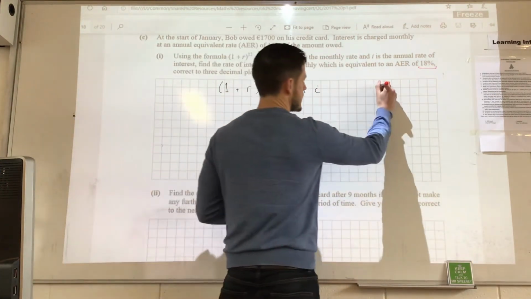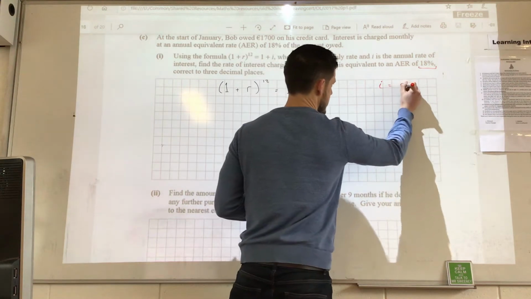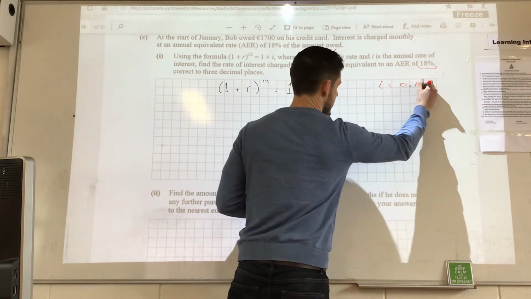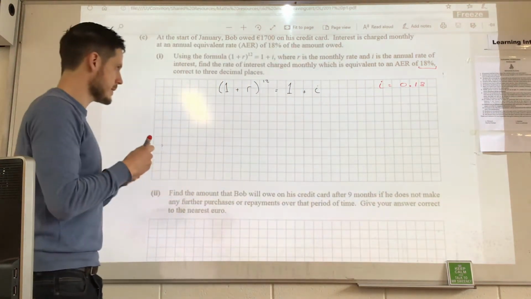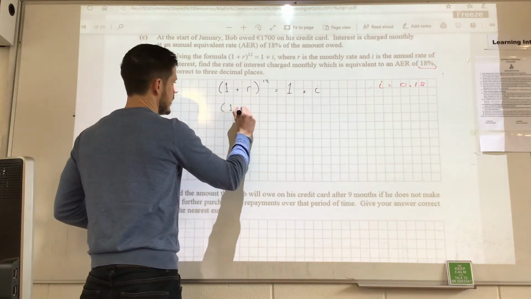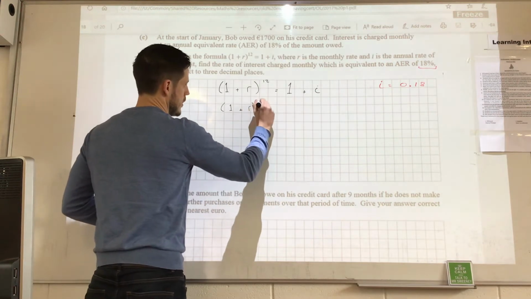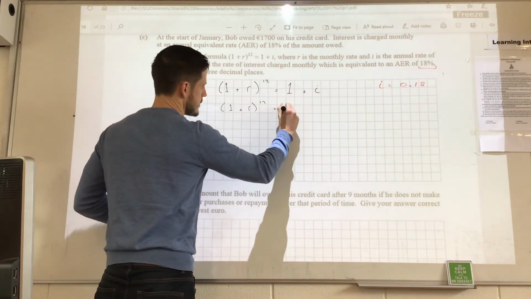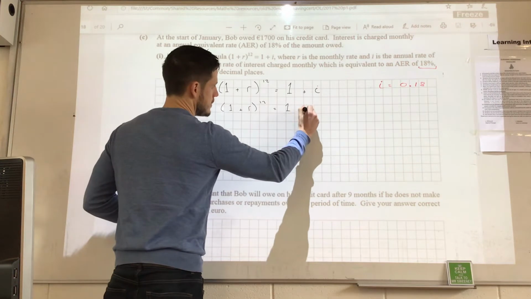And we're going to change it to a decimal as we always do, so 0.18. So I can fill that in here, and straight away I get marks there. So I've already got a low partial credit, so I could have 3 or 4 marks there if it's a 10-mark question. So we've got i equals 0.18.